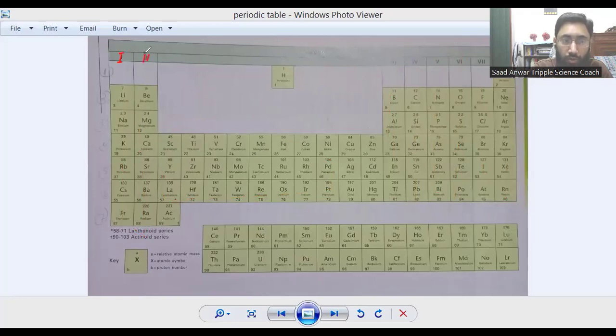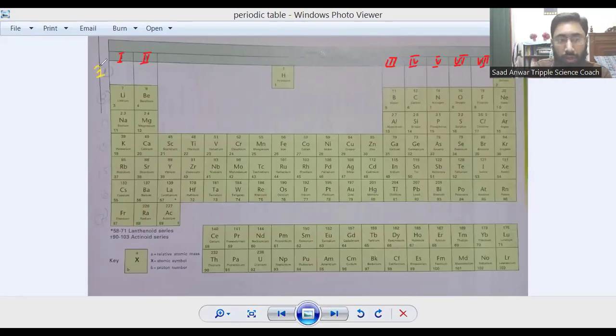This is group 2. This is group 3. This is group 4. This is group 5, this is group 6, this is group 7, this is group 8. 8 groups. Similarly, a horizontal row is called a period.